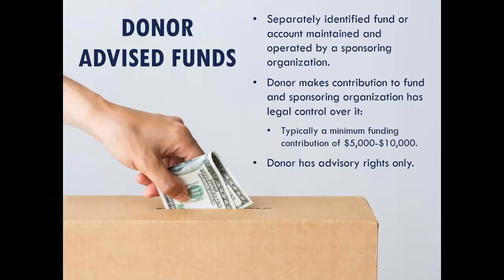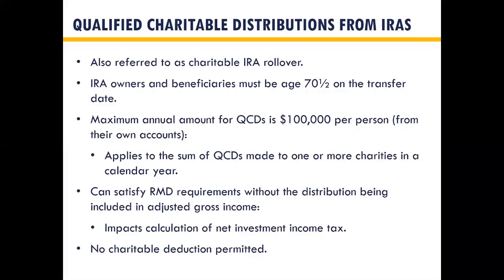They could distribute $5,000 a year for the next 6 years, and that way they get the benefit of the charitable deduction in the year they make the contribution to the sponsoring organization, and then they gradually make the distributions to the charitable organizations over a period of time. So it's still a cash gift, but it's an alternative to funding it all at once, instead gradually making that distribution.